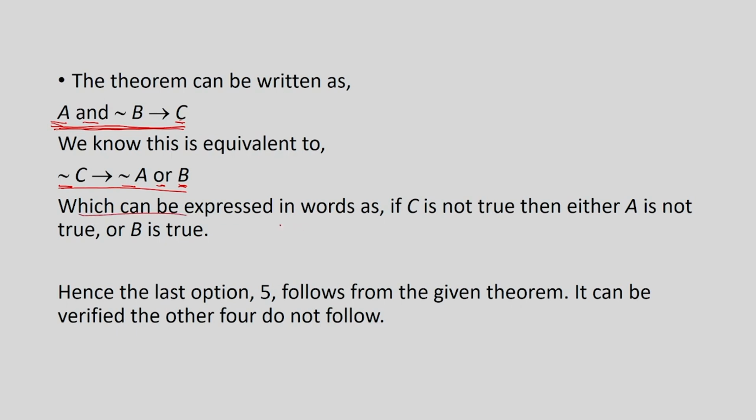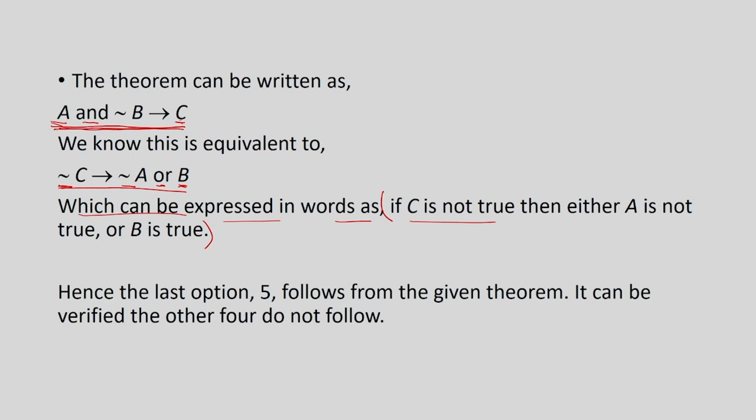This can be expressed in words as: remember, there is a wiggle expression here, that means A is not true. If C is not true, then either A is not true or B is true. Now, let us see if this is there in any of the 5 options.